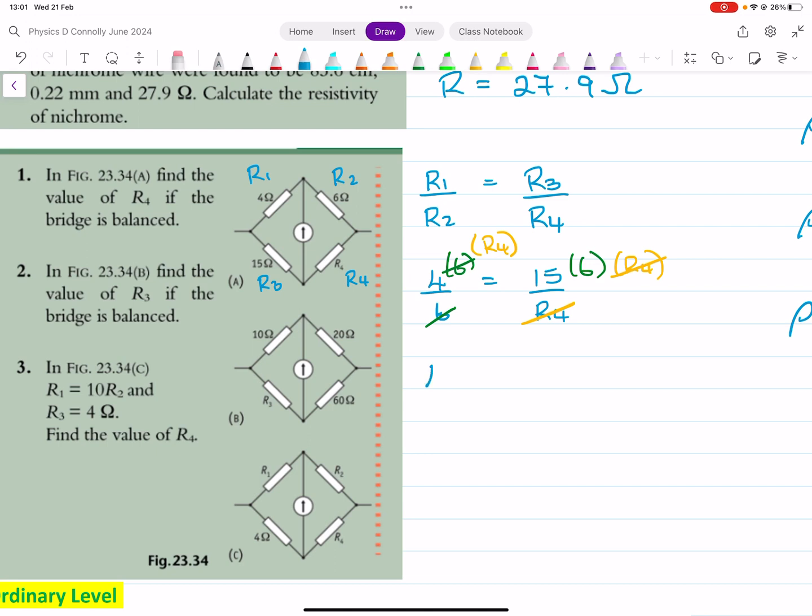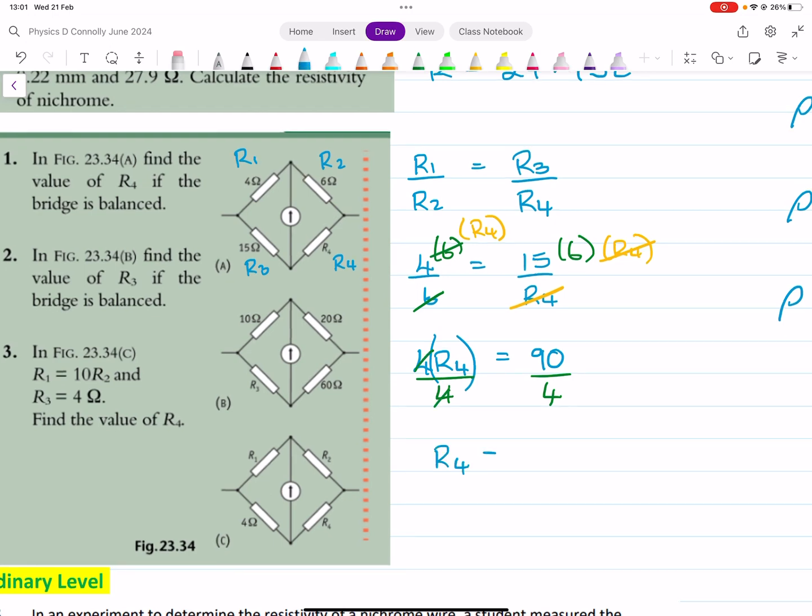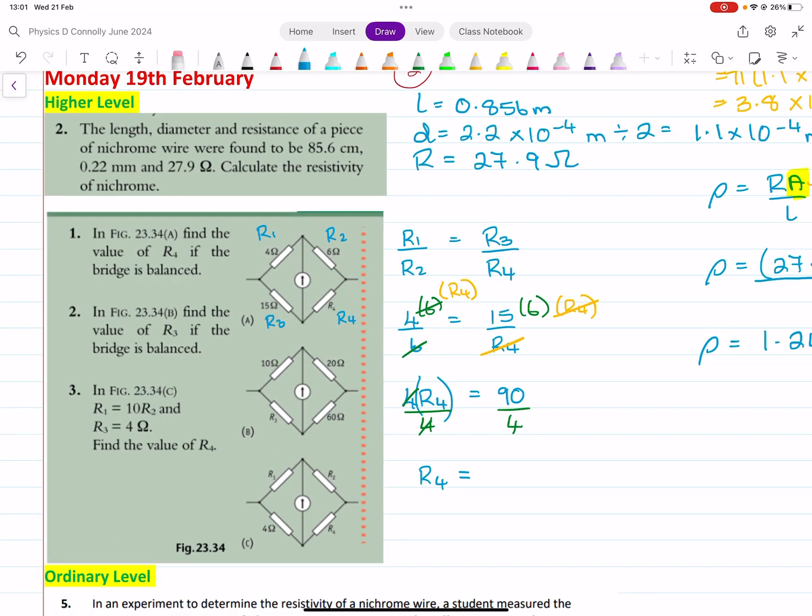So that gives us 4 times R4 equals 90. So R4 is 22.5 ohms. That's question 1.